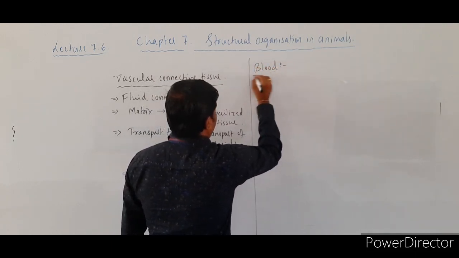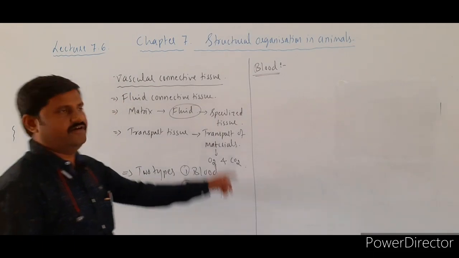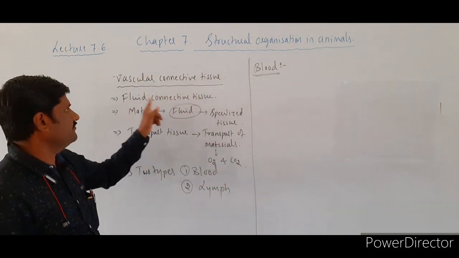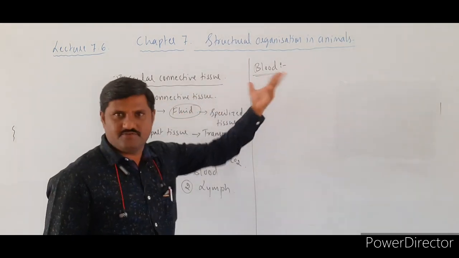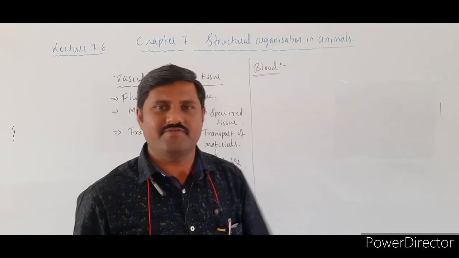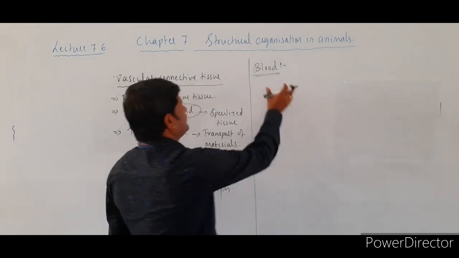Blood is one kind of vascular connective tissue, or fluid connective tissue, which is fluid in nature. The matrix is liquid in nature. Then what is this blood? The question arises.